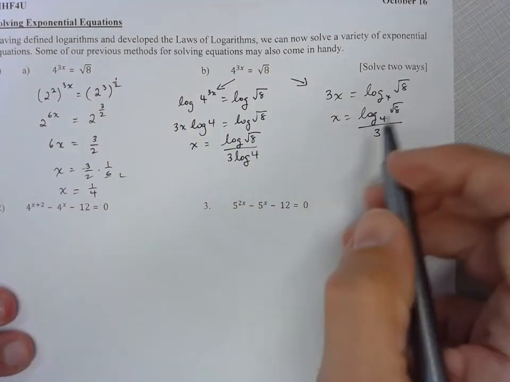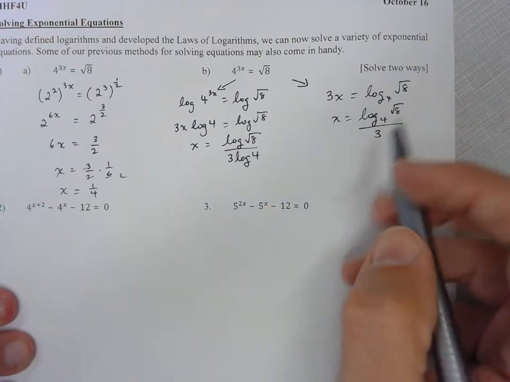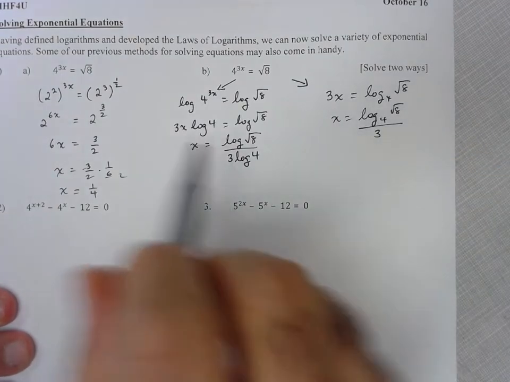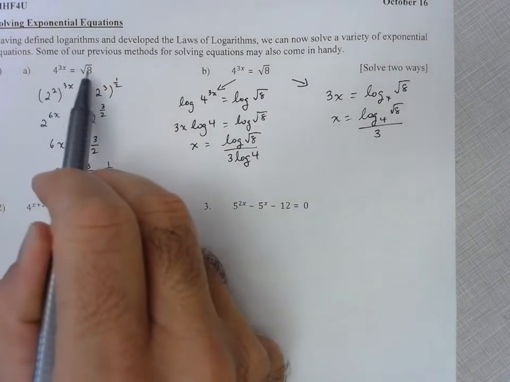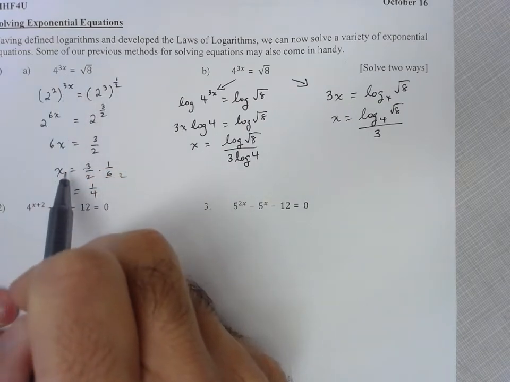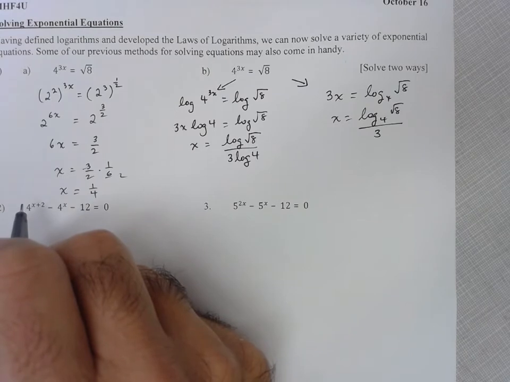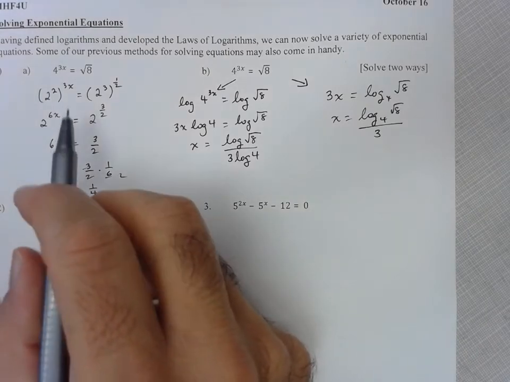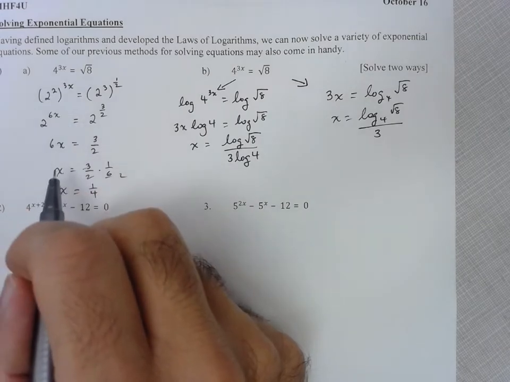Now, at this point, I would even expect you could just stop here, although I would hope that if you were able to write both sides of the equation using the same base, that you would use this method here. It's kind of like solving a quadratic by factoring. It's always nicer if you can do that than using the quadratic formula.